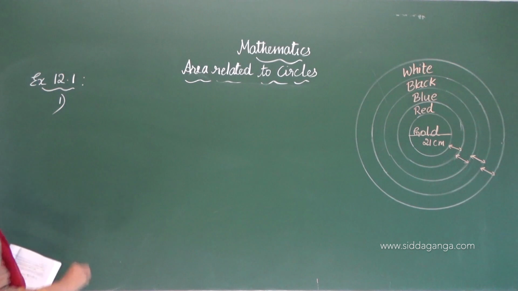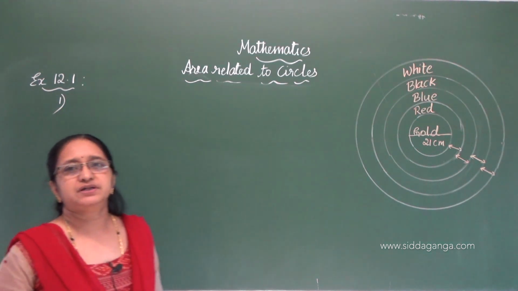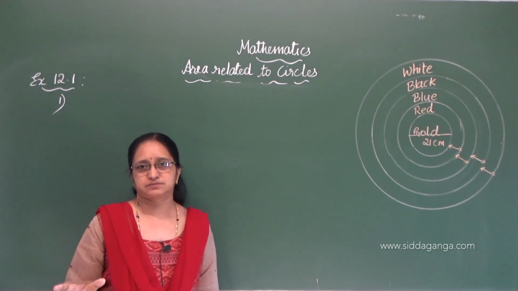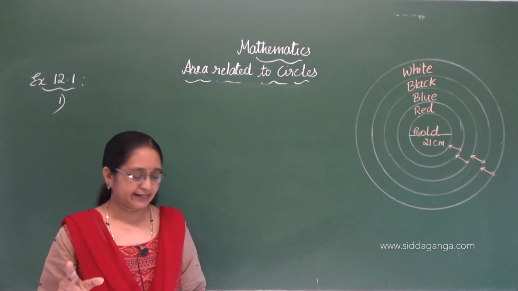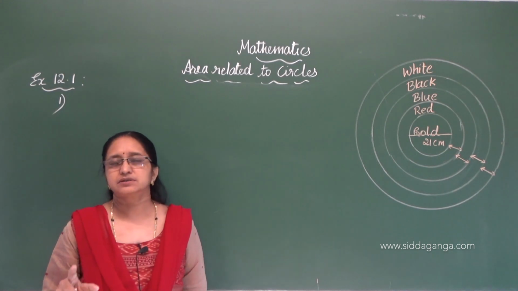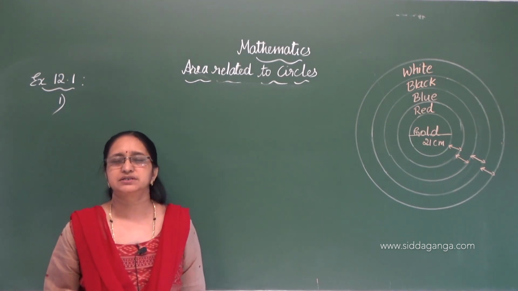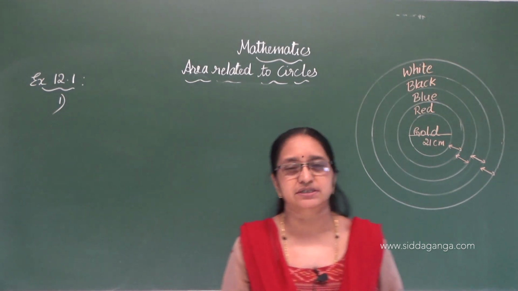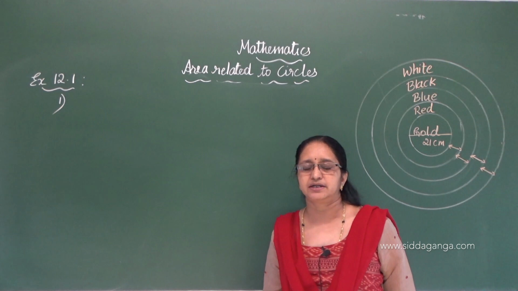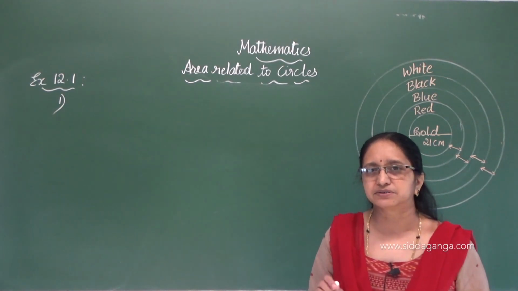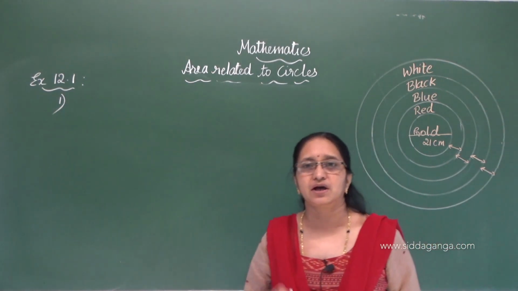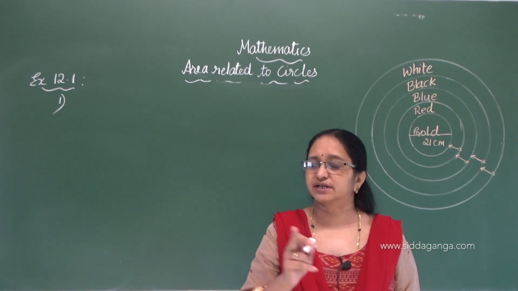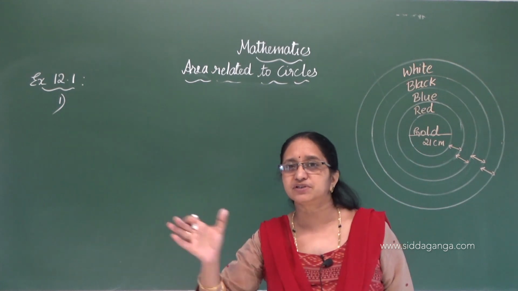So here the data given is the radii of the two circles. Radii is the plural; singular is radius, plural is radii. You have to find out the radius of another circle whose circumference is the sum of these two circles.